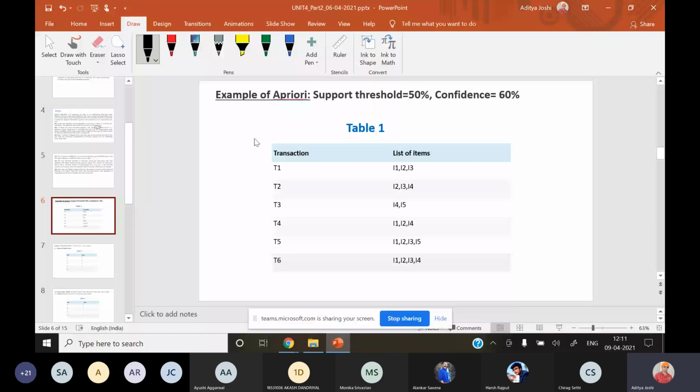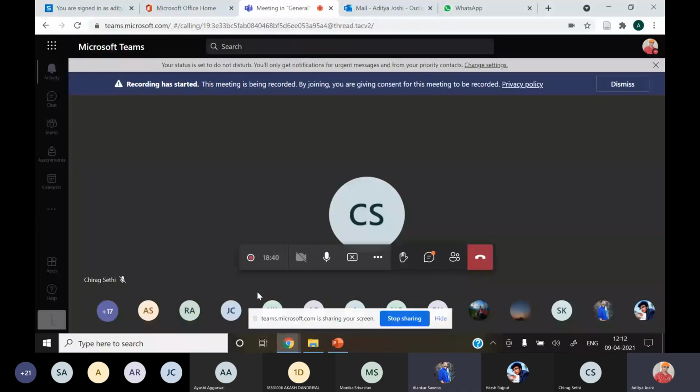Make this table in your notebook. Done? Yes, sir.